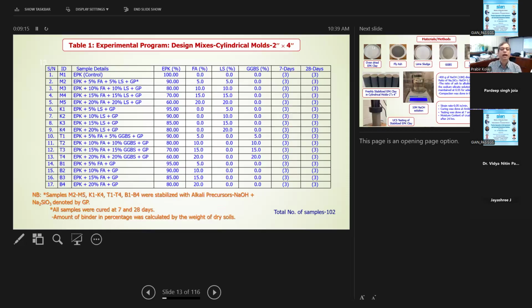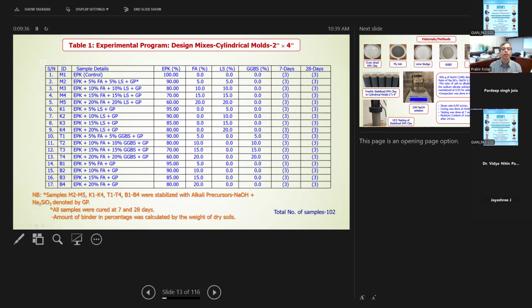And over here, all samples are cured for 7 and 28 days, and the binder percentage is calculated based on the dry weight of the sample. We also used a control test without anything, that is 100% EPK clay.